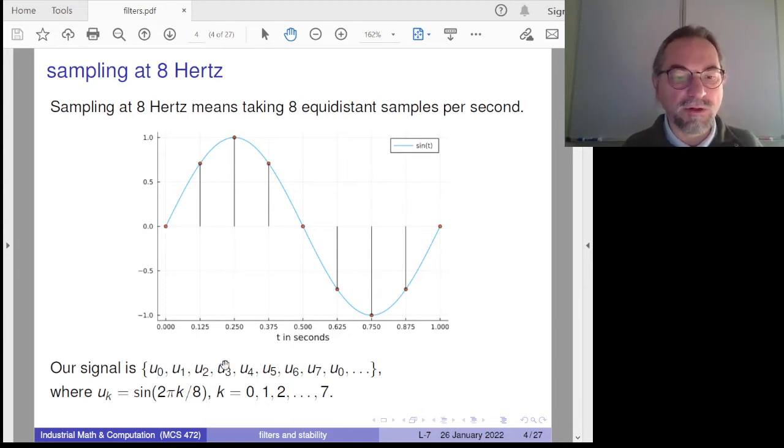Then we have u1, the sine at 2 times pi divided by 8. Then the sine of 2 times pi divided by 4, which is pi over 2, which is 1, etc. So we have a signal now, a sequence of numbers obtained from sampling at 8 Hertz. So this is our numerical input data.